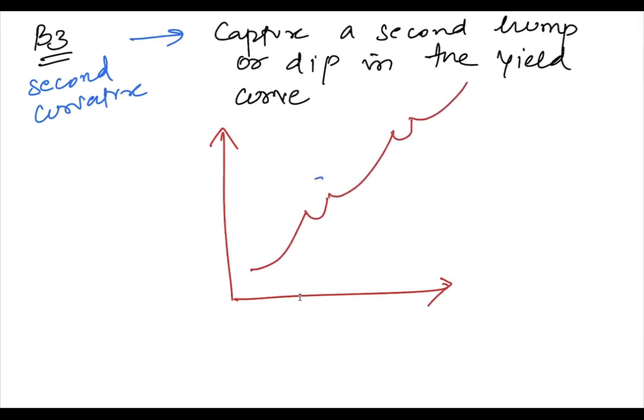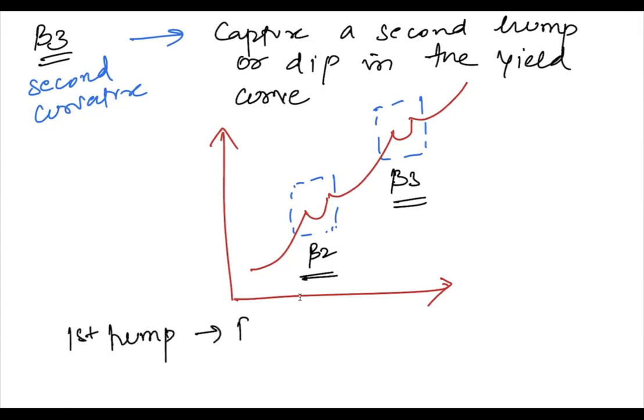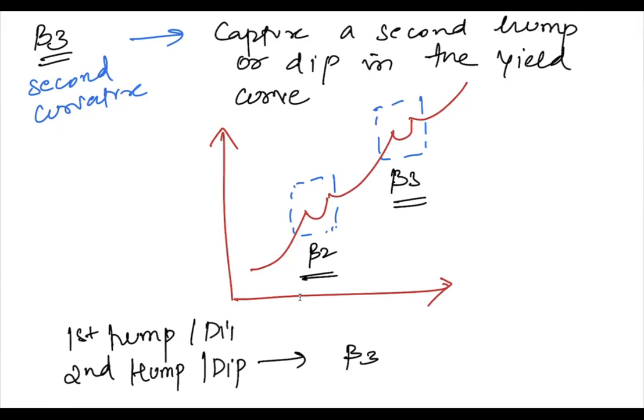Now if you see this part and this part, this part is captured by beta 2 and this part is captured by beta 3. So the first hump is captured by beta 2, the second hump or second dip is captured by beta 3. Similarly here also, the first hump or first dip is captured by beta 2.